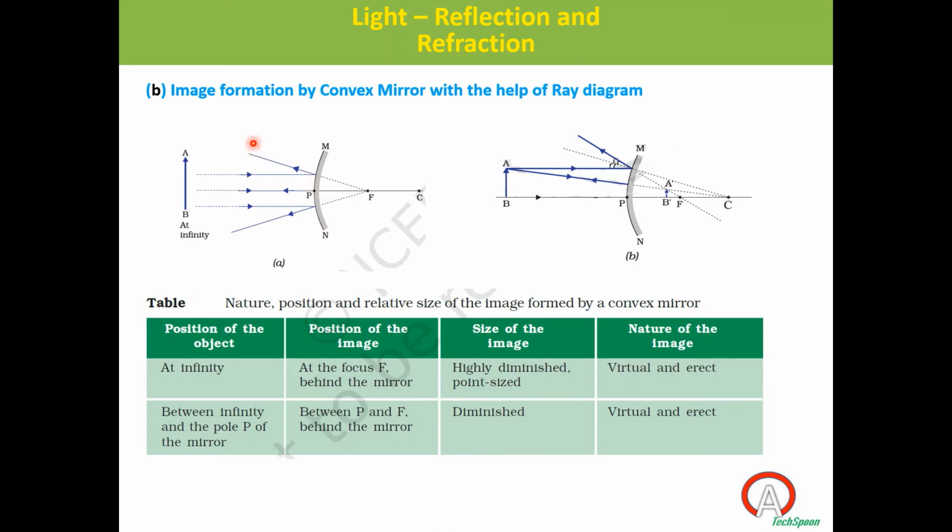So this is the front side of the mirror and this is the back side. I'm keeping the object at infinity in front of the mirror, but in both cases I'm getting the image at this point and this point, at the back side of the mirror. So is the image at the back side of the mirror real or virtual?